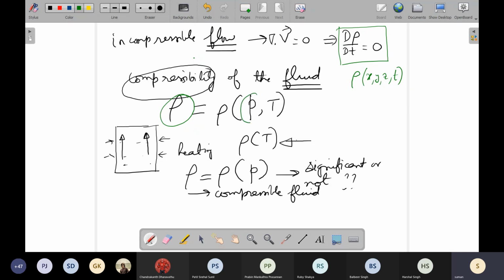Pressure and temperature could change at different locations, or even at a single location they could be a function of time. These are all inclusive possibilities still satisfying incompressibility.